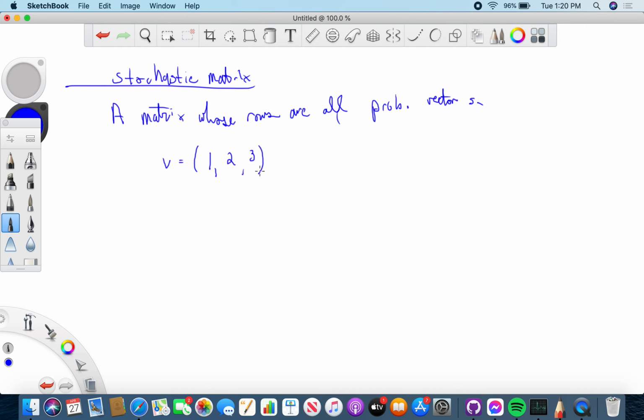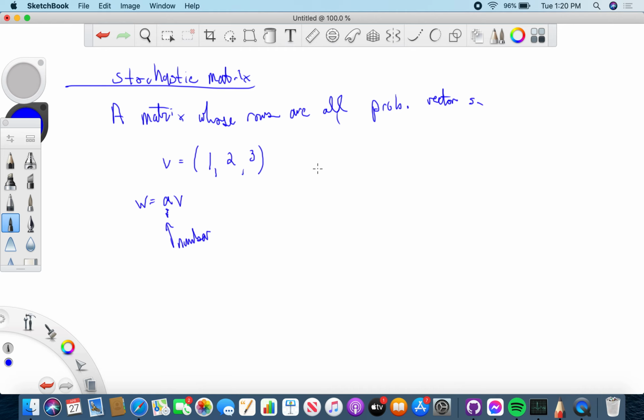We want to create a vector w, and w is going to be equal to av, where a is a number, so that the sum of the values of w sums to 1.